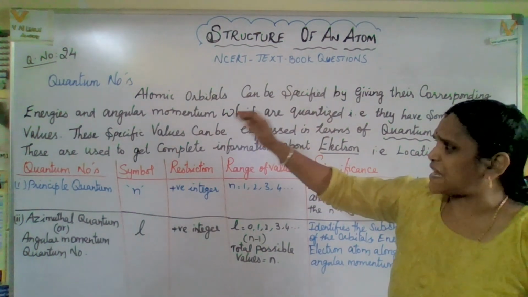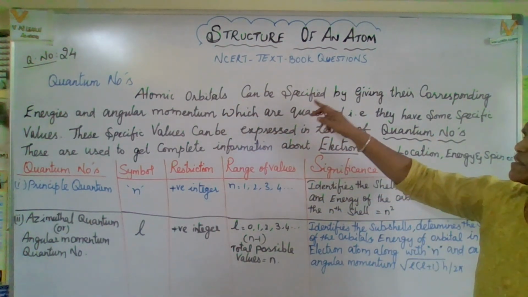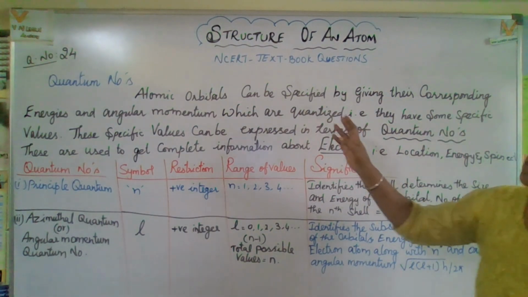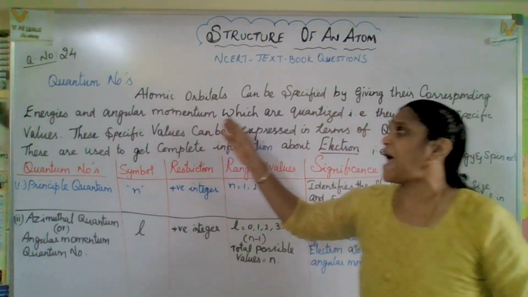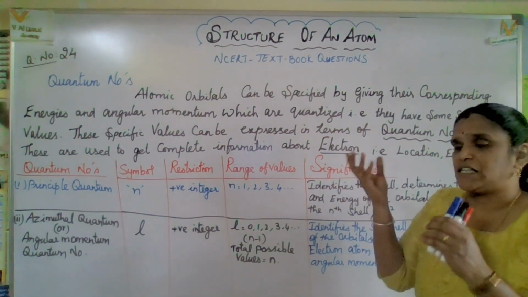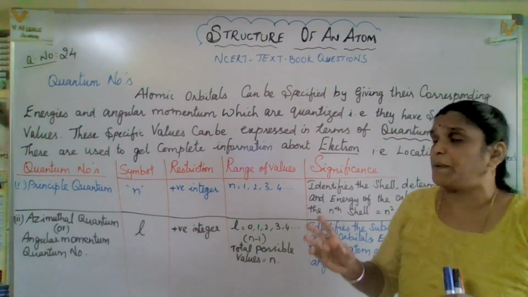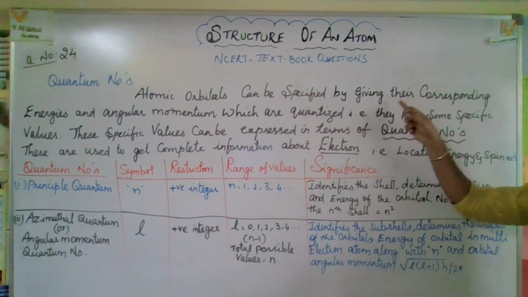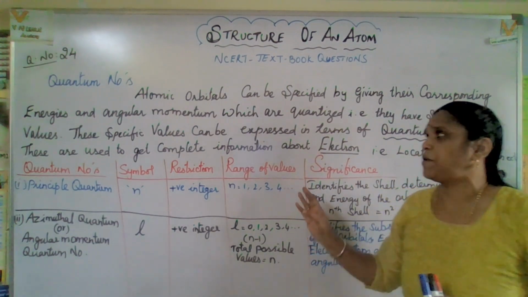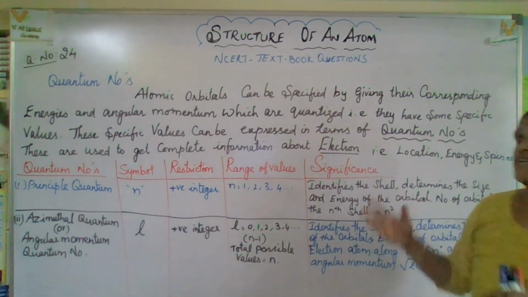Atomic orbitals can be specified by giving their corresponding energies and angular momentum, which are quantized.